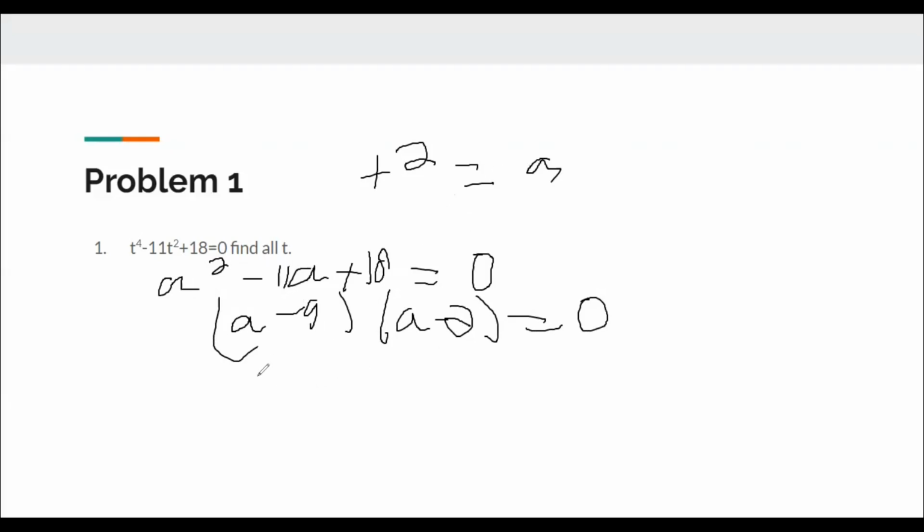If a is equal to 9, then our choices for t are the square root of 9, which is 3 and negative 3. And if a is equal to 2, our choices are plus or minus root 2. So those are our values of t: 3, negative 3, positive root 2, and negative root 2.